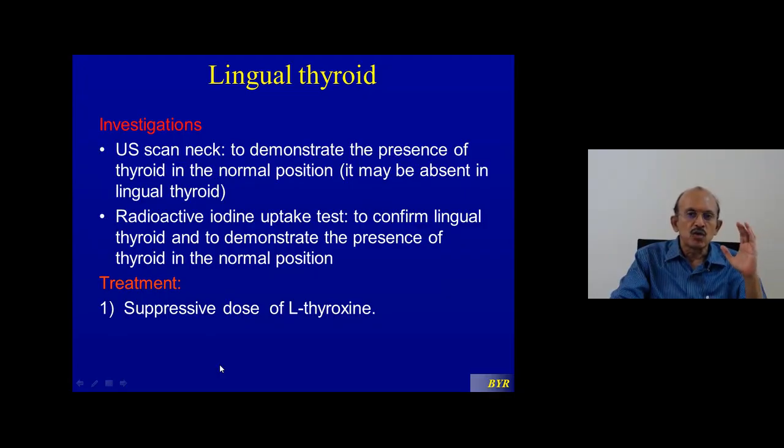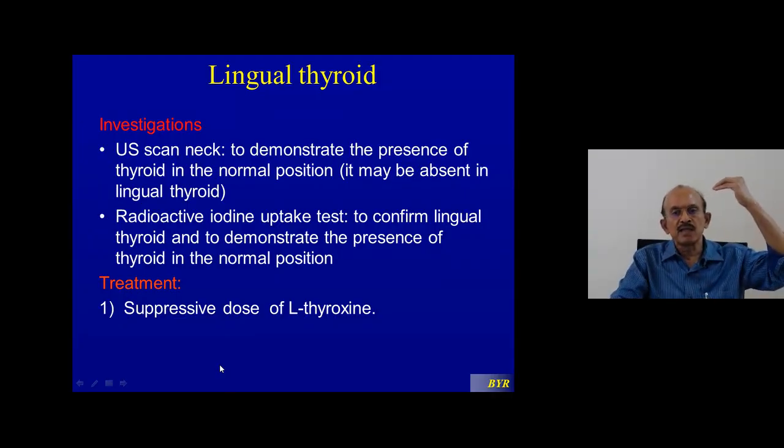That means the total body's requirement should be supplemented by external medication in the form of thyroxine tablets. When you are giving thyroxine from an external source, what is happening? This thyroxine will block the TSH levels.